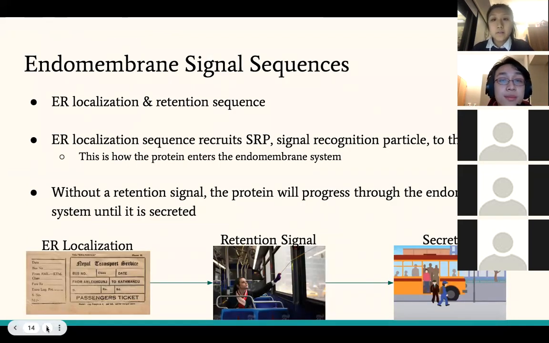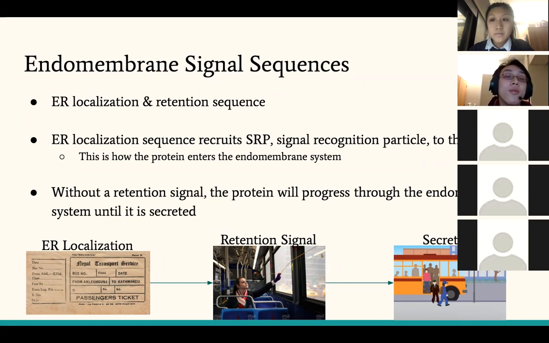And so the endomembrane signal sequences, we went over this briefly: ER localization and the retention sequence. The most important signal is the ER localization sequence, because that is what tells the cell that this protein is destined for the endomembrane system. The initial entry point into the endomembrane system is the ER. If you don't enter the ER, you won't enter the endomembrane system.